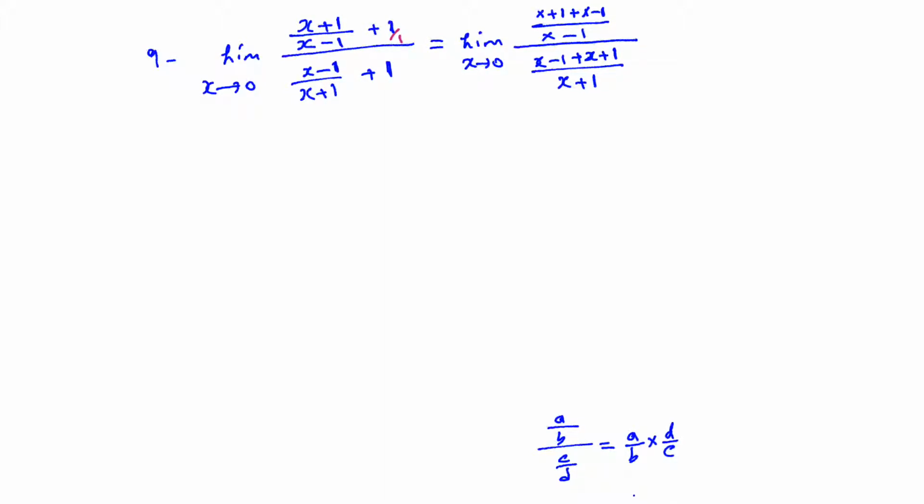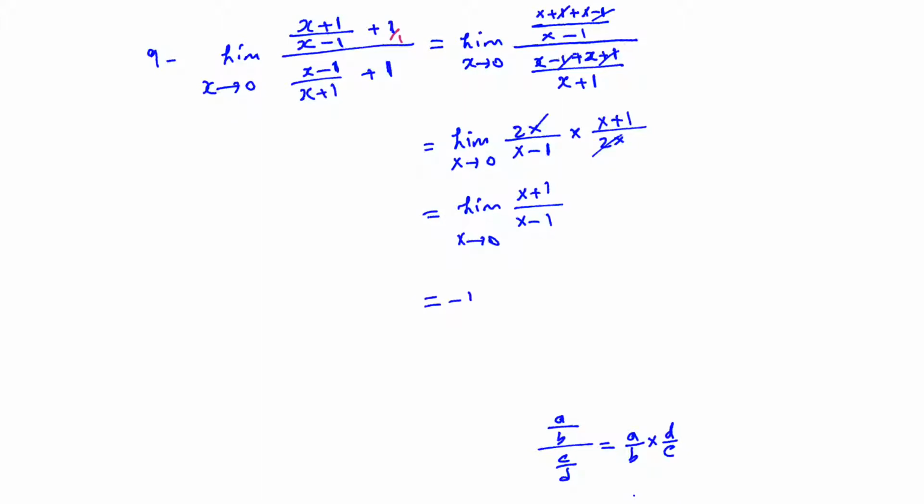Therefore, the given limit is going to be the same as limit of 2x over x minus 1, the numerator, times x plus 1 divided by 2x. We reduce the fraction. It's going to be the same as limit of x plus 1 over x minus 1 as x approaches 0, which is negative 1.